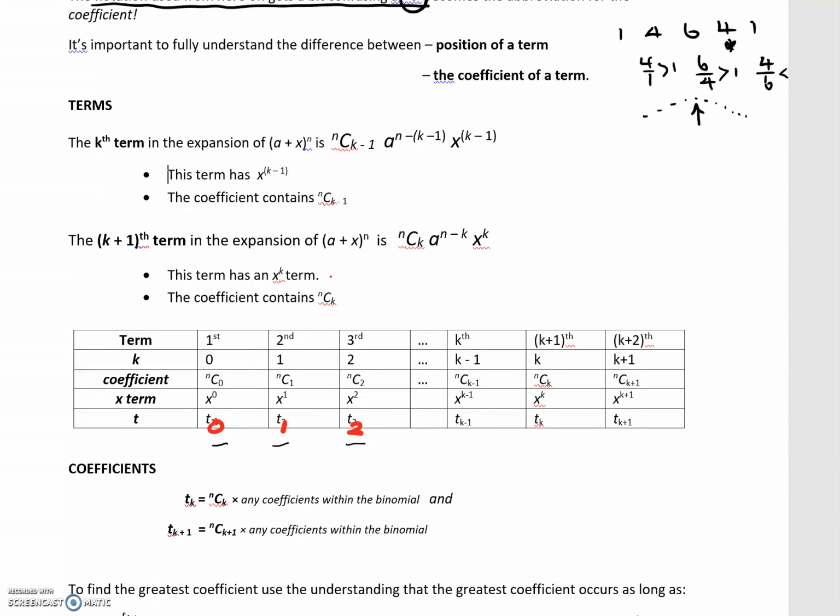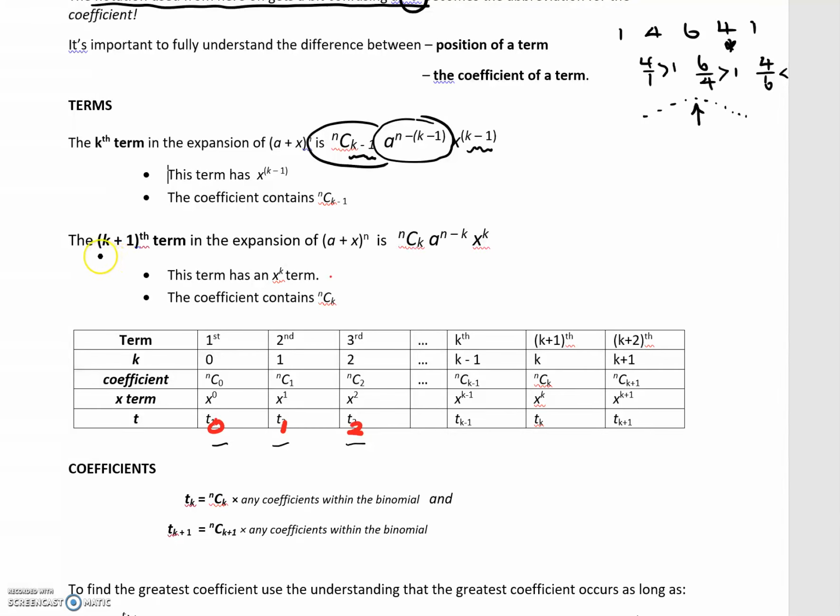We're still going to keep that the coefficient that has nCk minus 1 would have x to the k minus 1. And the coefficient would look like this and these combined together. However, if we had to name the position, then it's the kth position. It's one more than the name applied to the actual coefficient.